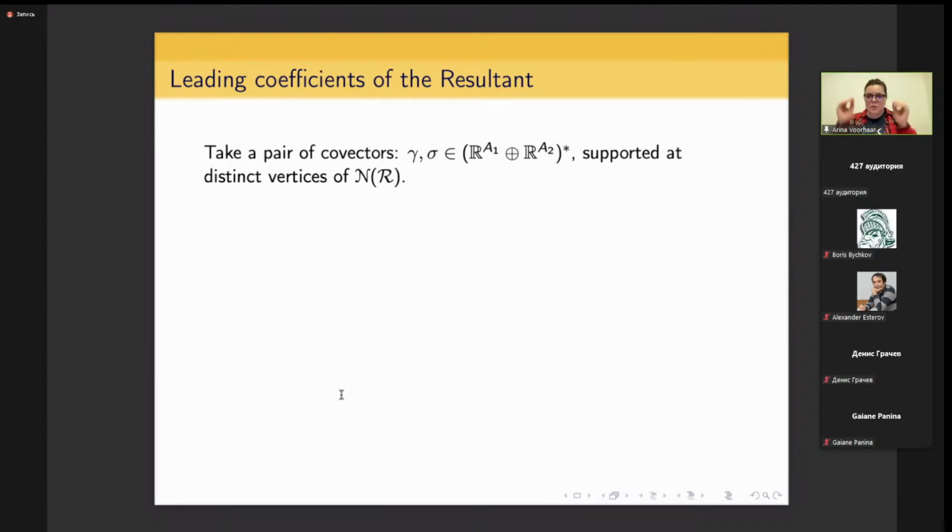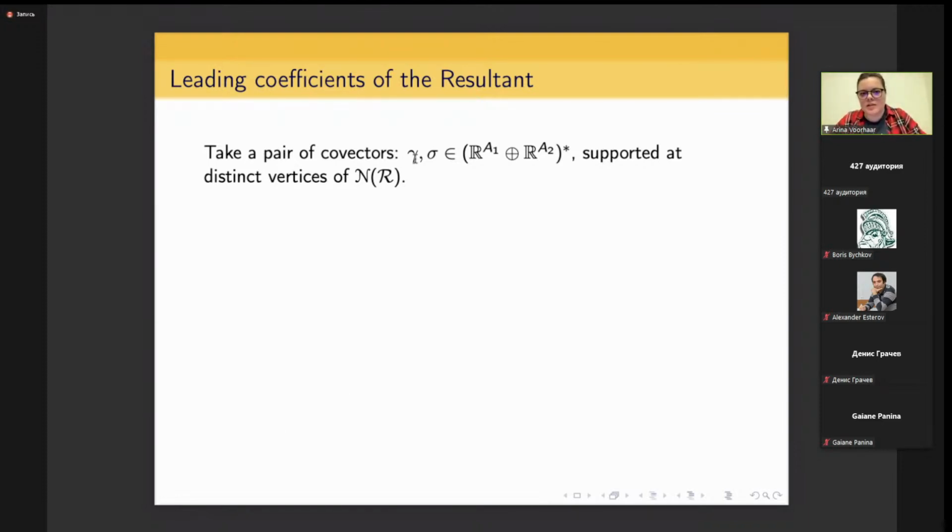So now we are interested in the quotient of coefficients at two different vertices of the Newton polytope of the resultant. So we can take a pair of covectors, again with integer coefficients, that, as you will see later, attain maximal value at one vertex and another vertex respectively.